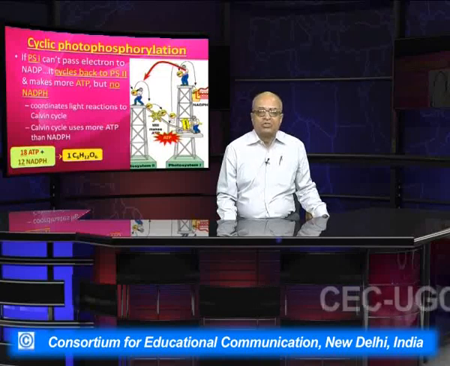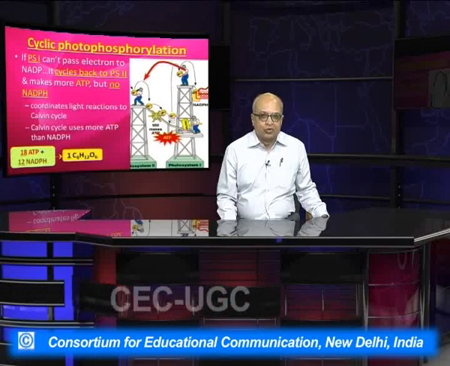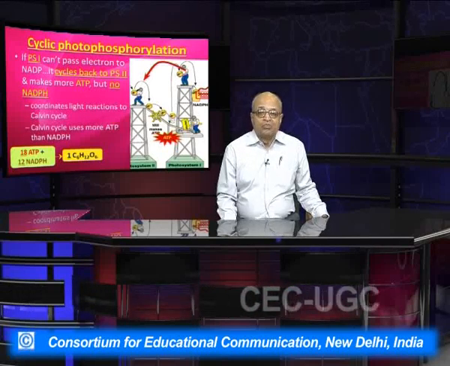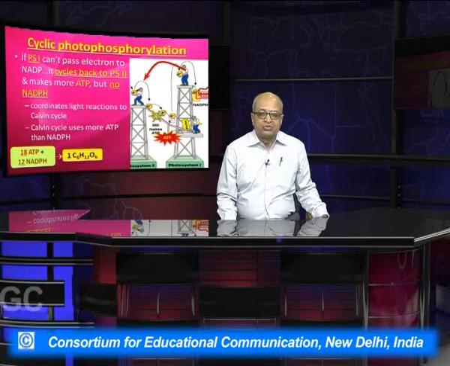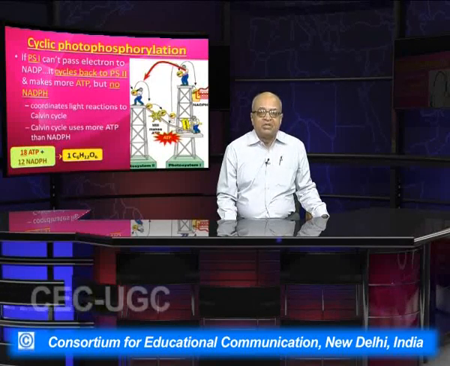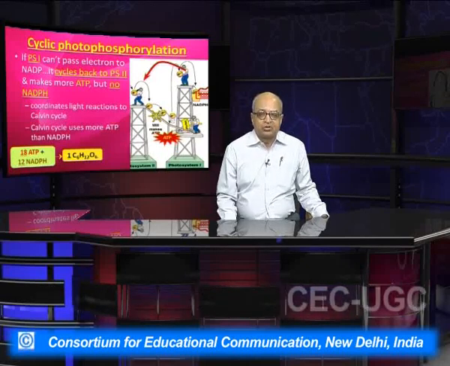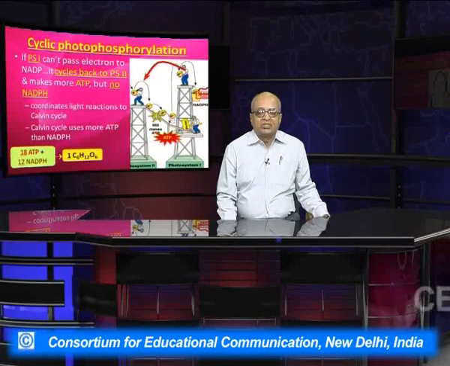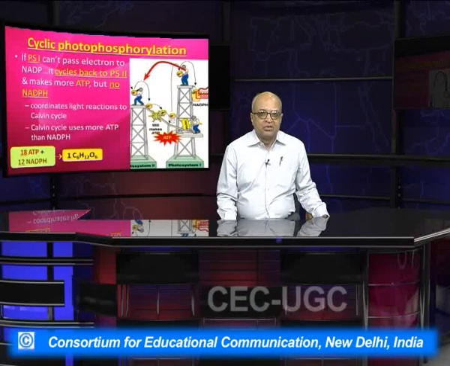I have tried to oversimplify the process. Actually, cyclic photophosphorylation is also important in metabolism, because there are situations where NADPH is really not required, and if so, then if cyclic photophosphorylation can give us only ATP, it would be good enough.